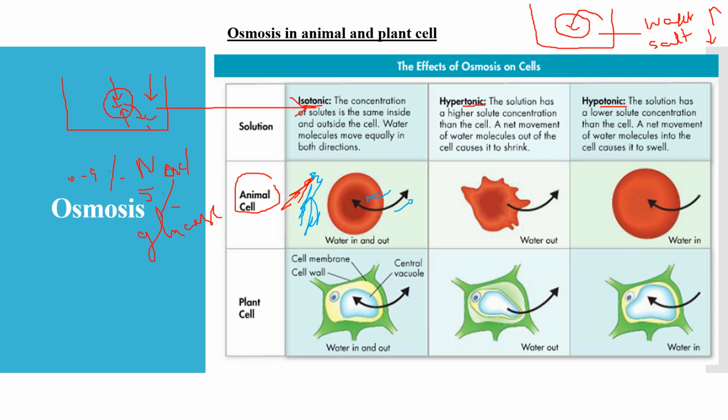Whereas in case of hypertonic solution, suppose this is the hypertonic solution, means here the water is less and salts are more. So if in the hypertonic solution water molecules are less and the salts are more, it means that the water molecules are more inside the cell.